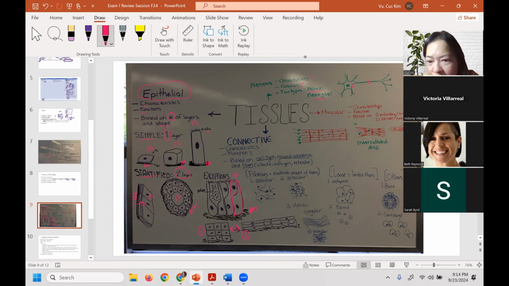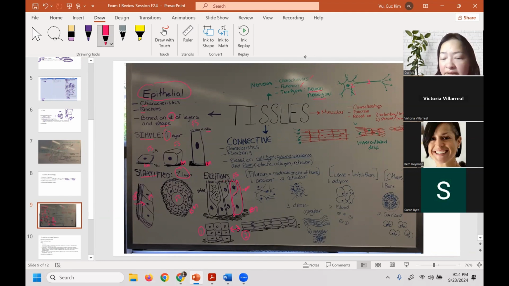So where do we find the organs that the epithelial tissue is at? Ah, yes. You actually don't necessarily need to know quite yet, but you do need to start making associations. For example, at this point, we're saying that the pseudostratified columnar epithelium right here tends to line the upper respiratory tract.